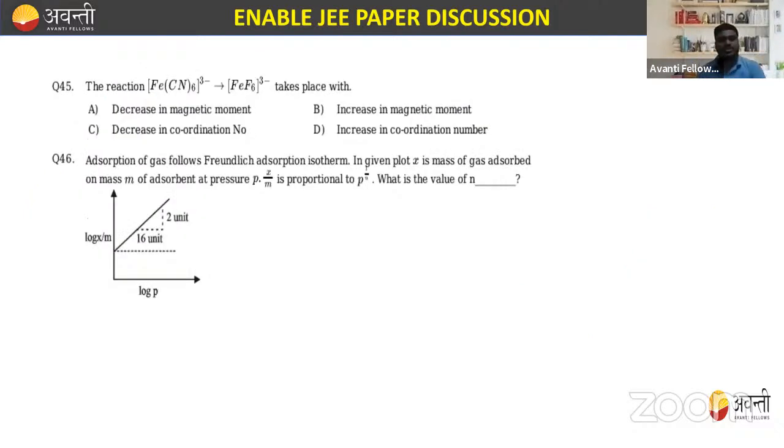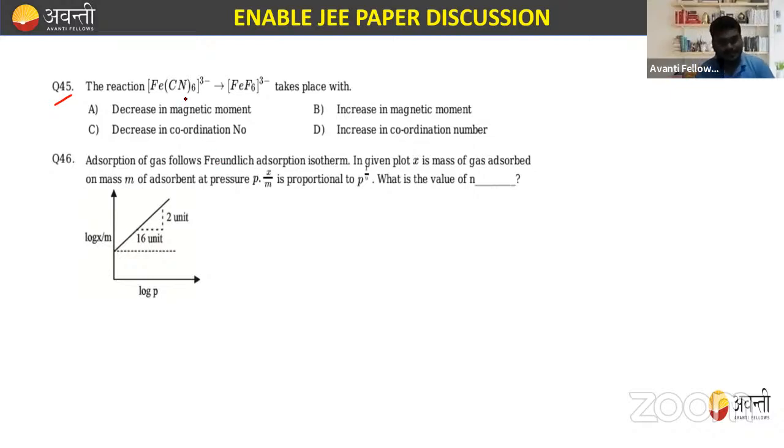Now, the next question is question 45, and from question 46 we have numerical value questions. So the last MCQ is question number 45. Let's discuss. The reaction [Fe(CN)6]3- gives [FeF6]3- takes place with decrease in the magnetic moment, increase in the magnetic moment, decrease in the coordination number, increase in the coordination number.